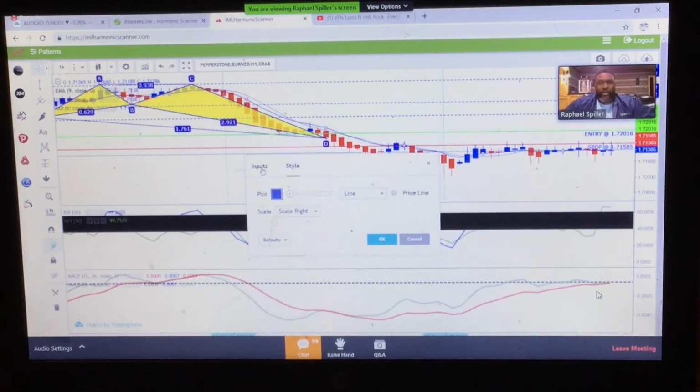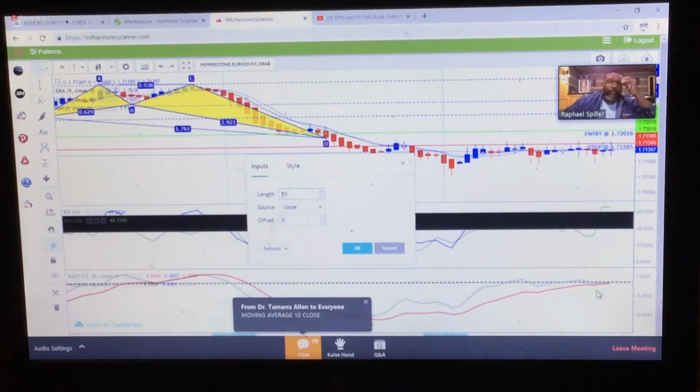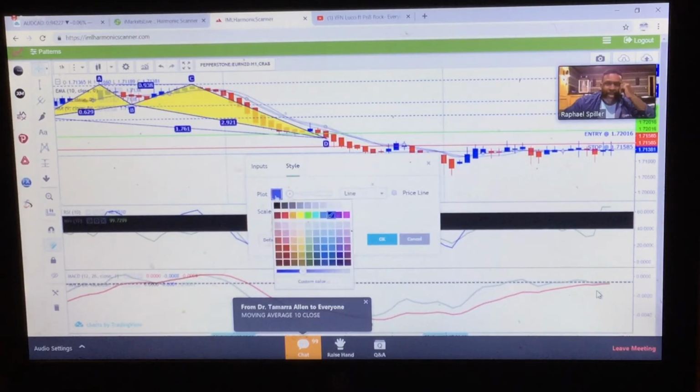The first one is going to be a 10 close. Somebody type this in there for me. Thank you, Dr. Tamara. 10 close. My style is going to be black, and I'll make it thick.